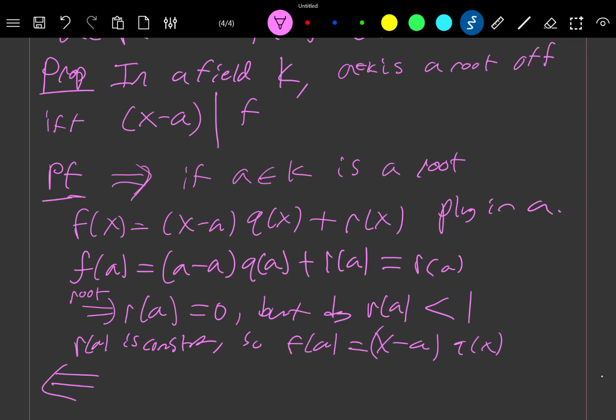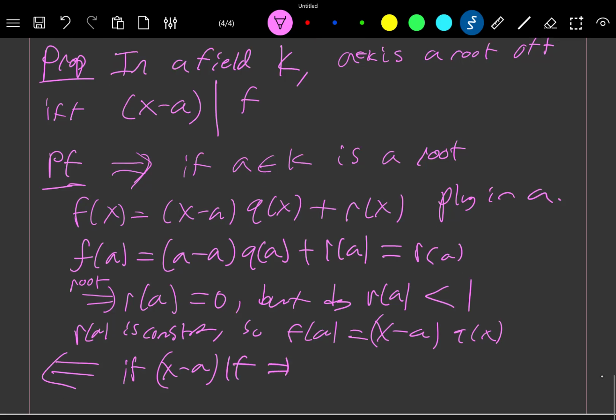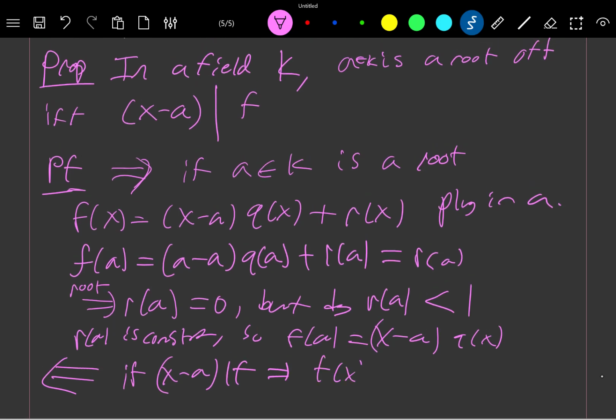So in a field, if a is a root, then x minus a divides our polynomial. In the opposite direction, if x minus a divides f, this just means that f of x is x minus a times some g of x, but then f of a is a minus a times g of a, which is clearly 0, so a is a root.